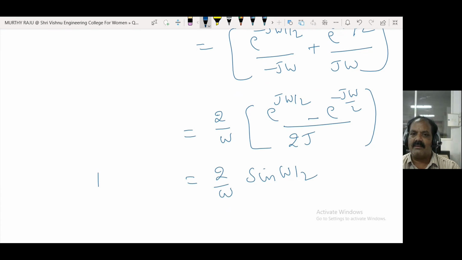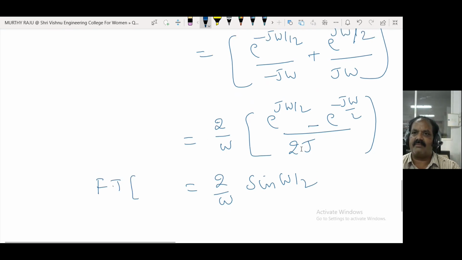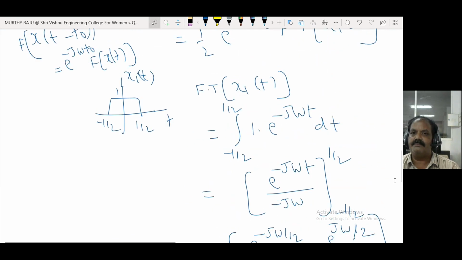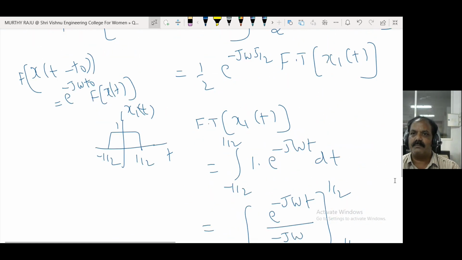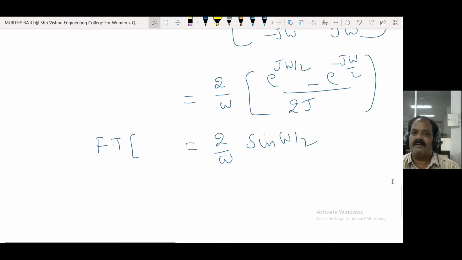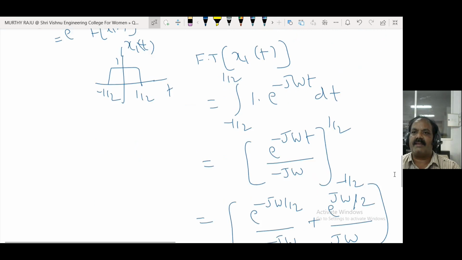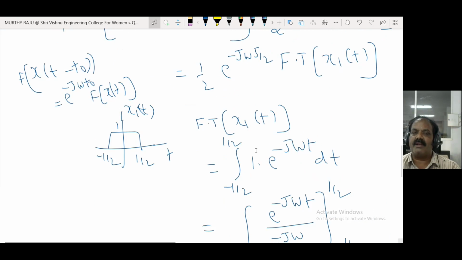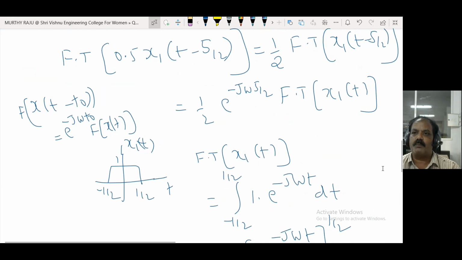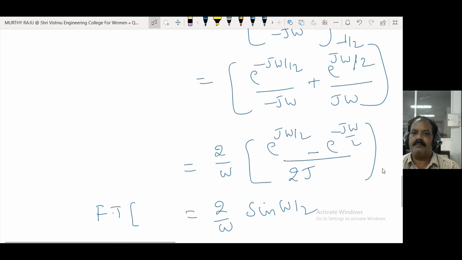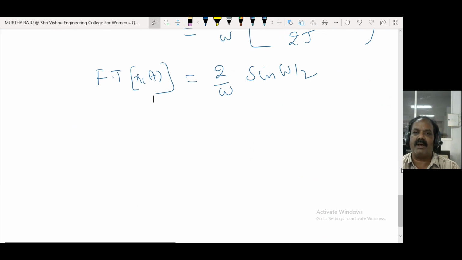This is the Fourier transform of x1 of t.